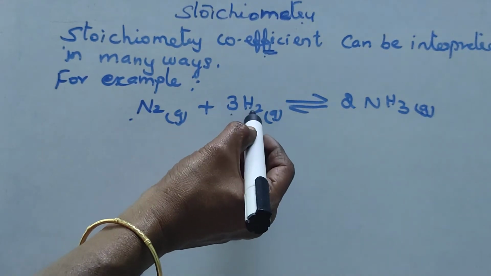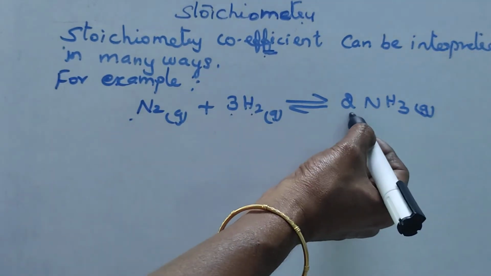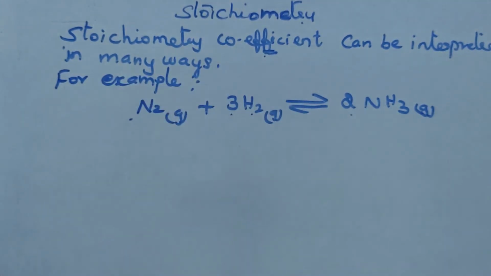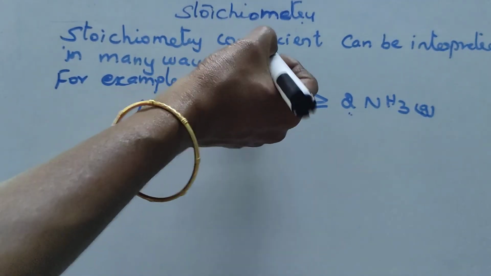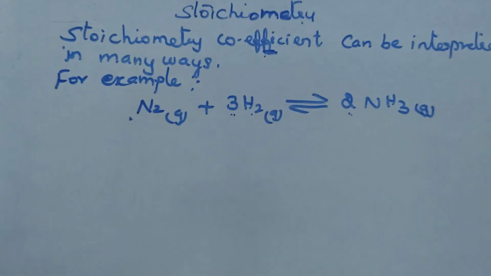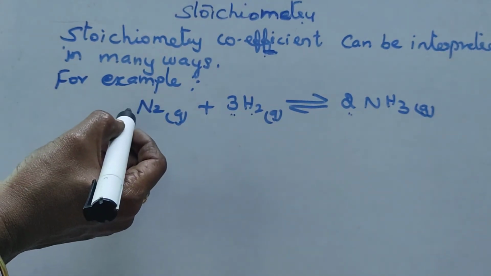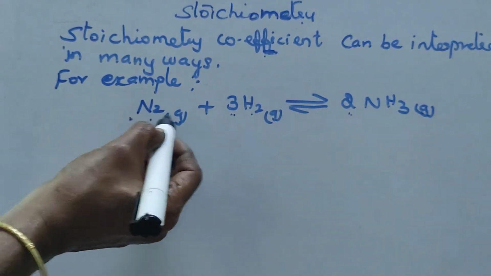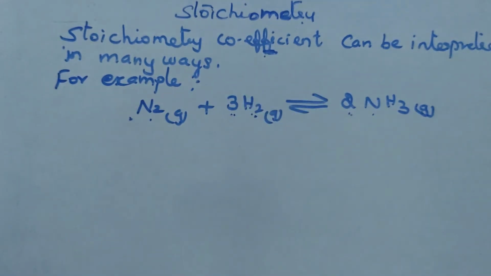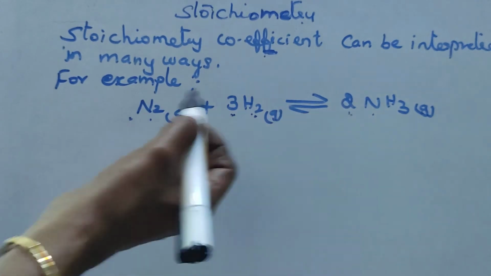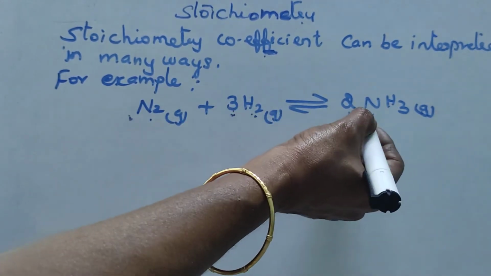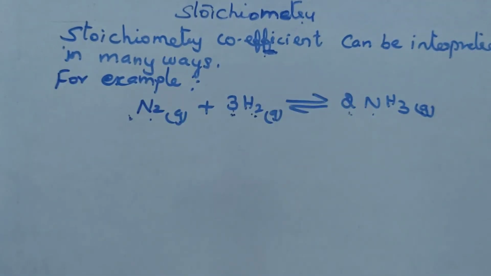Here 3 molecule of hydrogen. Here 2 molecule of ammonia. So this 1, 3, 2, these are nothing but coefficient. Coefficient means the numerical which is placed before the reactant and product in a chemical reaction. 1, 3, 2 are the coefficient.